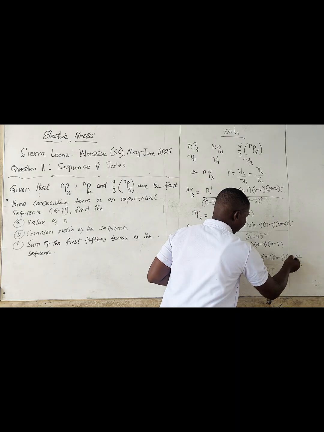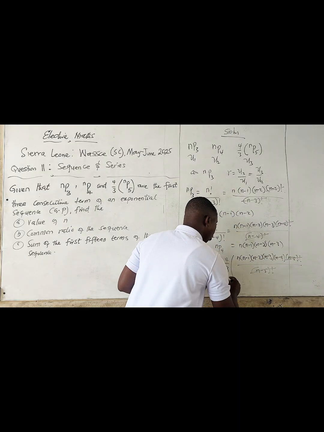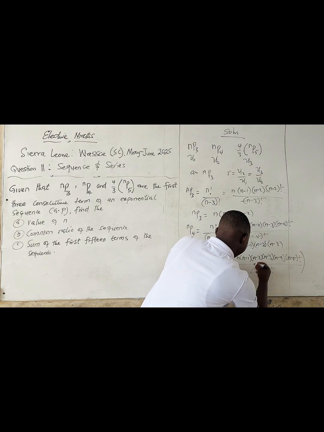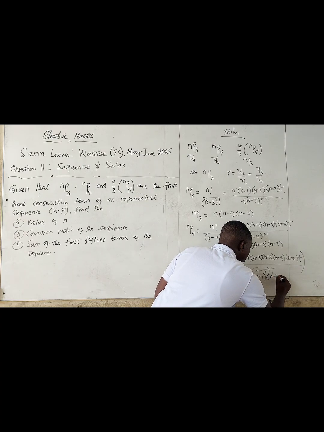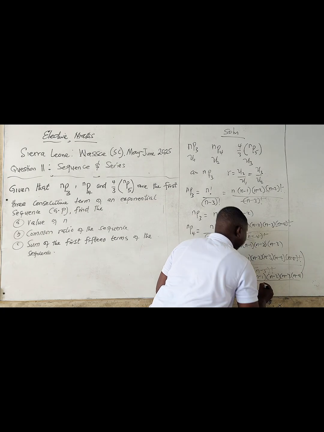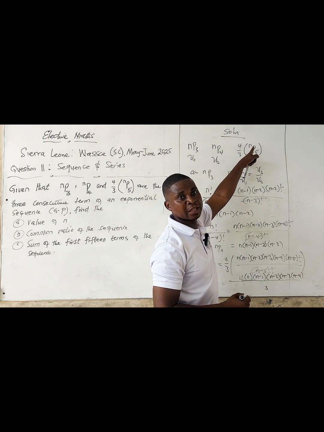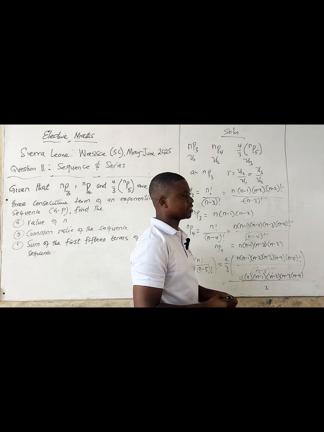And this will cancel that. So we have 4 times n(n minus 1)(n minus 2)(n minus 3)(n minus 4), all over 3, because that's 4 over 3. That's what 4/3 nP5 gives us.